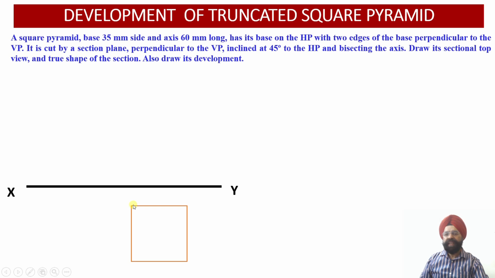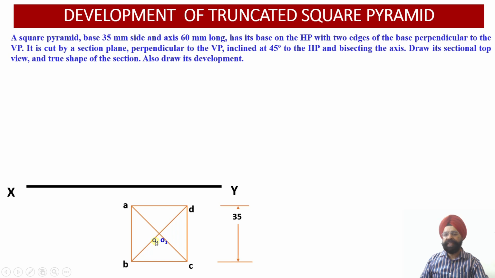Now since this square pyramid is resting on its base in HP, the top view which is obtained on the horizontal plane will provide us the true shape of the base of this square pyramid. So the side of the base is 35 millimeter. So we have drawn a square with base edge equal to 35 millimeter, and then once we join both of these diagonals, we obtain the axis point.